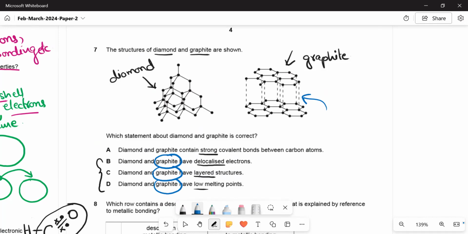So both of them have high melting points. But if we compare diamond and graphite with each other, then graphite has comparatively low melting point as compared to diamond. Otherwise, both of them have high melting point because they are giant structures. Option A is correct because they are giant molecular structures, giant covalent structures, so both of them have strong covalent bonds between their carbon atoms.